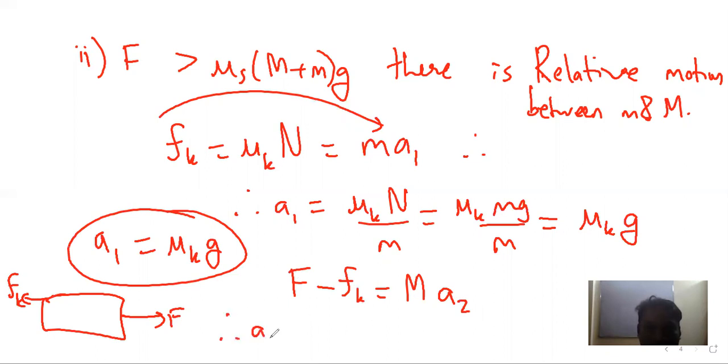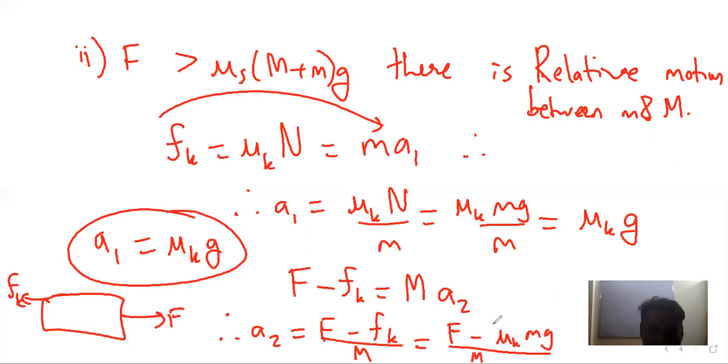So A2 will come out to be capital F minus Fk upon capital M. So the value of acceleration A2 will be capital F minus mu k into mg upon capital M. So this is the value of acceleration of the second block.